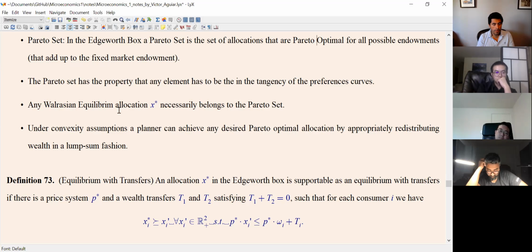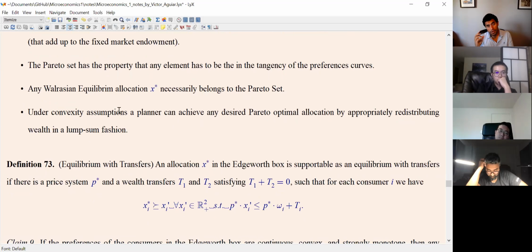Any Walrasian equilibrium allocation, and this is the important part, and this is a theorem that we're going to show later with more formality, belongs to the Pareto set.